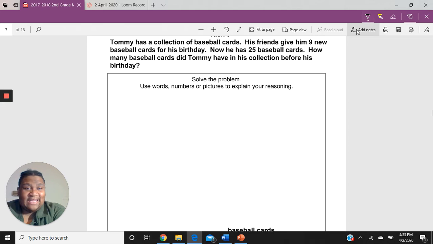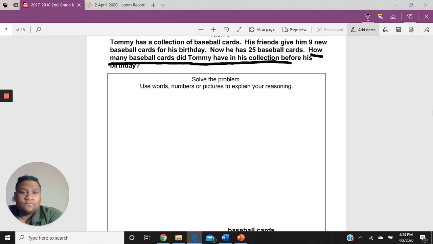So, of course, I need to underline my question. So, I'm trying to figure out how many cards did Tommy have in his collection before his birthday. So, my answer would say Tommy had blank baseball cards in his collection.